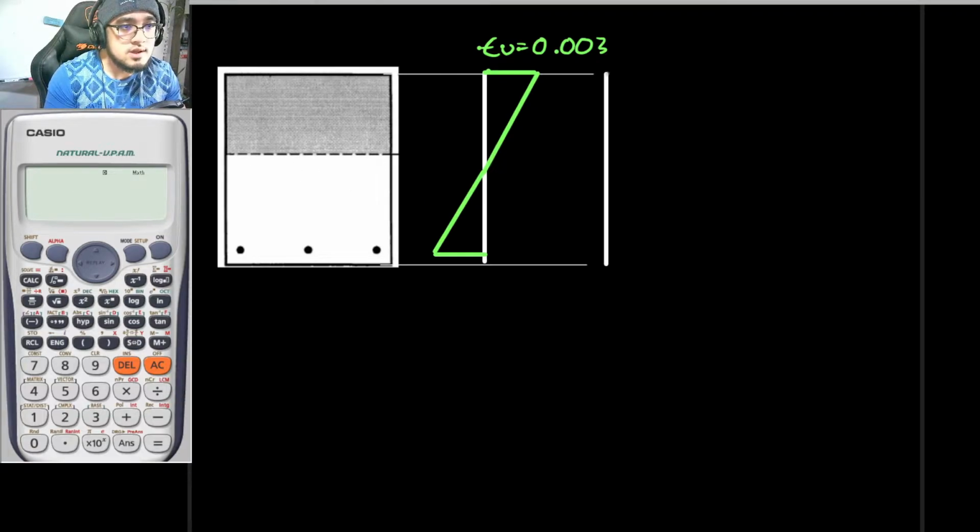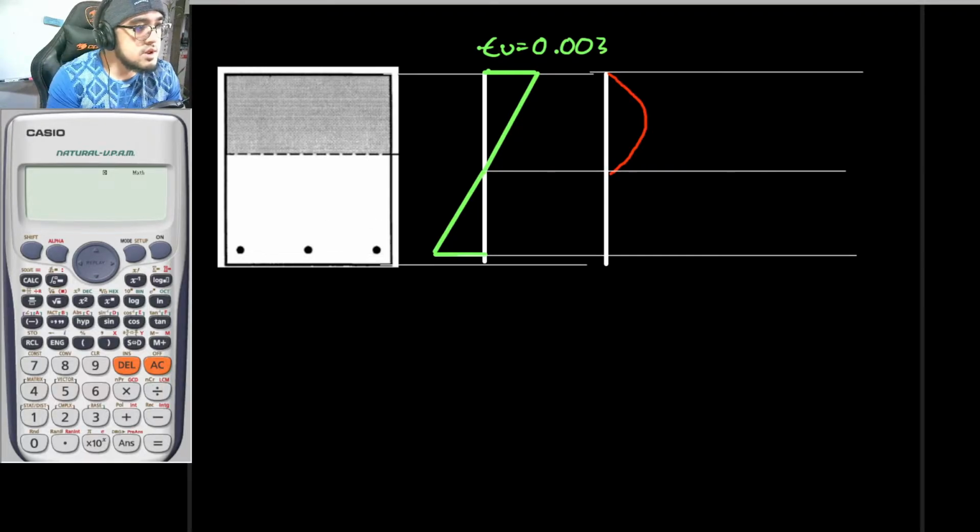So the stress here, in actuality, would now look like this. So I will just be drawing it in red. So it would now look like this, approximately, by the way. So anyway, this is the stress of your concrete. So this is the stress of your concrete once again.